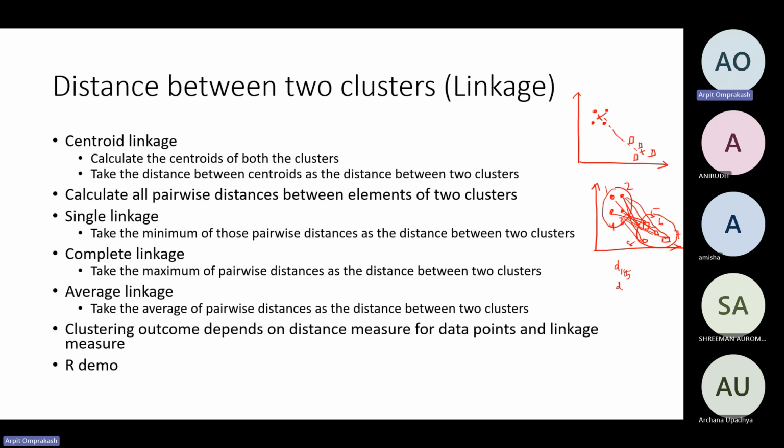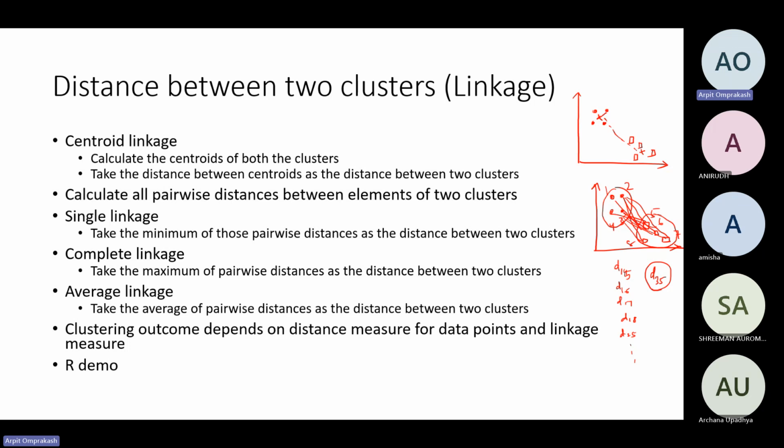We'll have distance 1,5, 1,6, 1,7, 1,8, 2,5, and so on. So we'll have all these distances. When you take the minimum of those distances, let's say the distance between 3 and 5, so D3,5 looks like it will be the minimum distance.